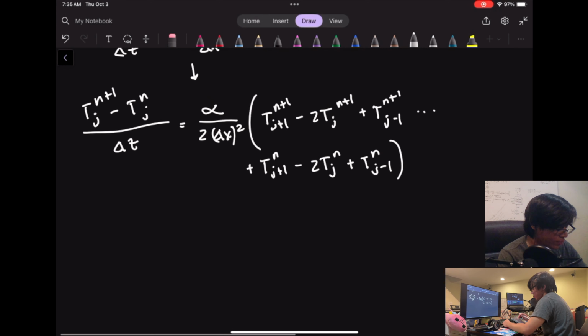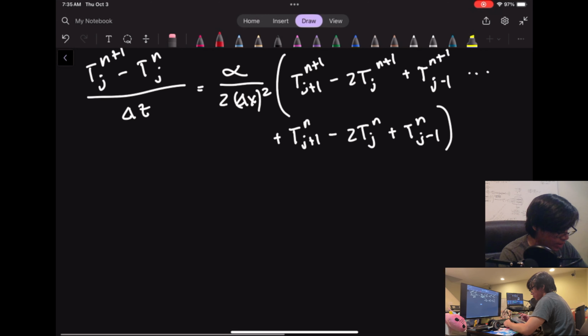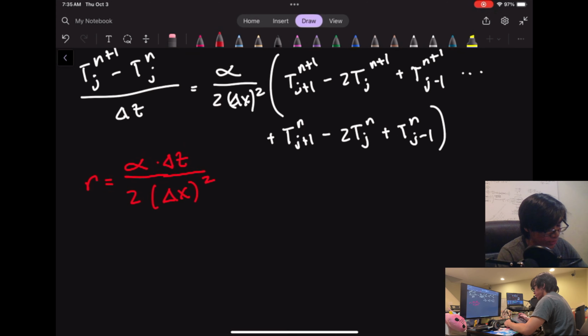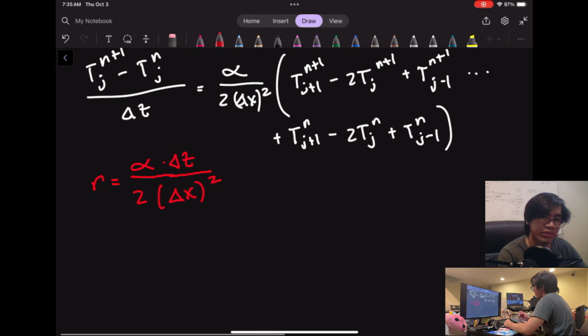I'll say right now, it should be obvious, but earlier we mentioned that we are combining the thermal diffusivity times our time discretization over 2, and then our position squared. So I'll just rewrite that as R. If you see that, that's where everything went.